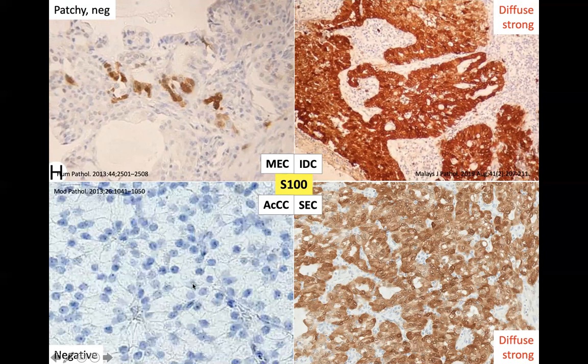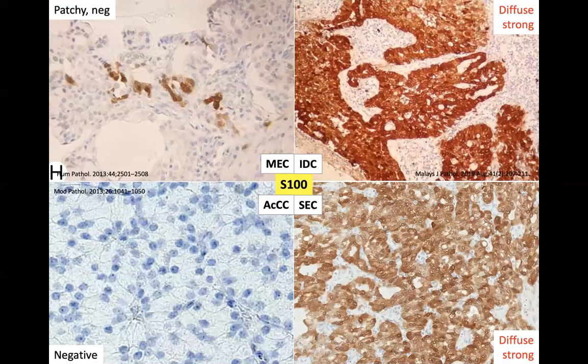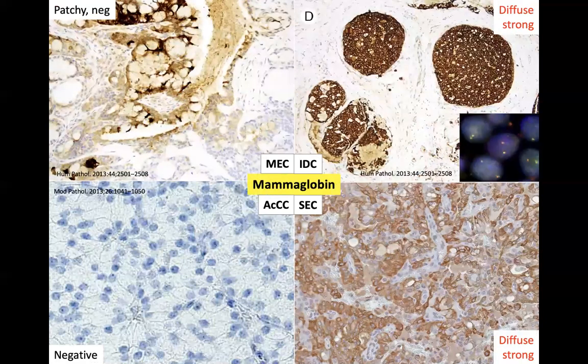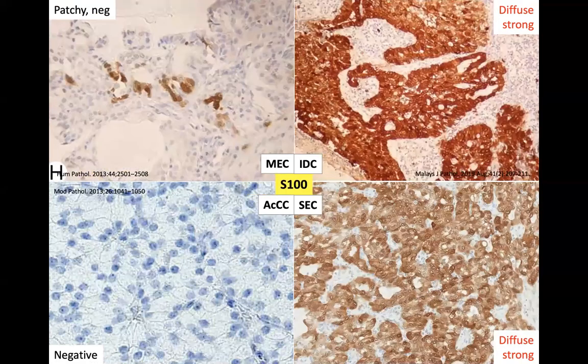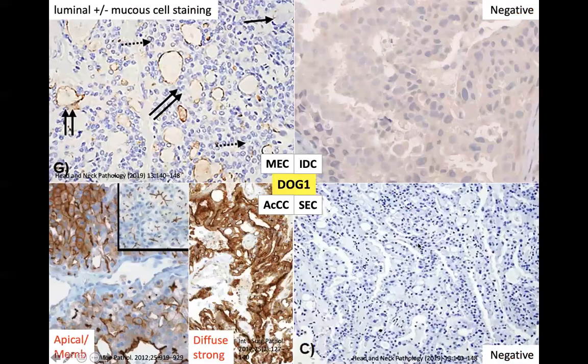So now we're starting to have a differential breakdown between your myoepithelial markers as well as your S100. All right, so that's going to be very helpful. And lastly, mammoglobin. Mammoglobin tends to behave very similar to S100, being diffusely strongly positive in both intraductal and secretory, and being patchy or negative in mucoep and acinic. So these are all very helpful.